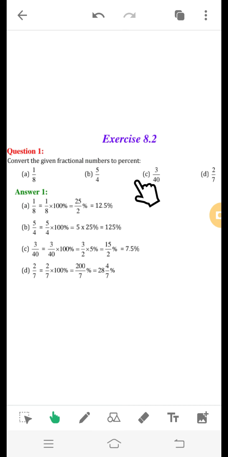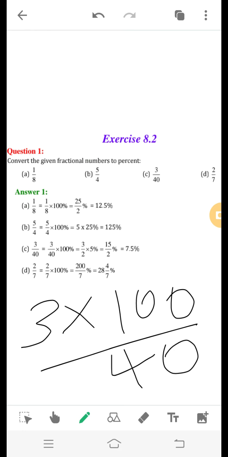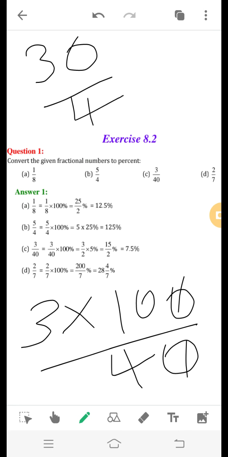Next one, 3 upon 40. Now multiply 3 upon 40 with 100. So it's 3 multiply 100 divide 40. 0 0 cut. Now either you can multiply 3 multiply 10, it's 30 divide 4.